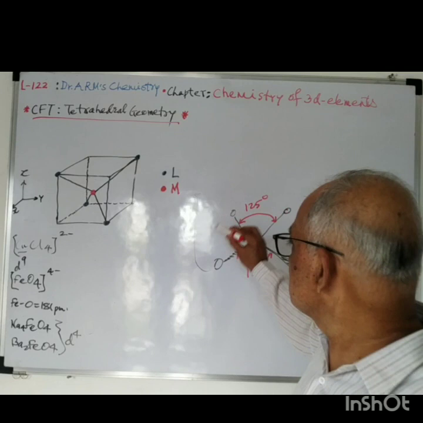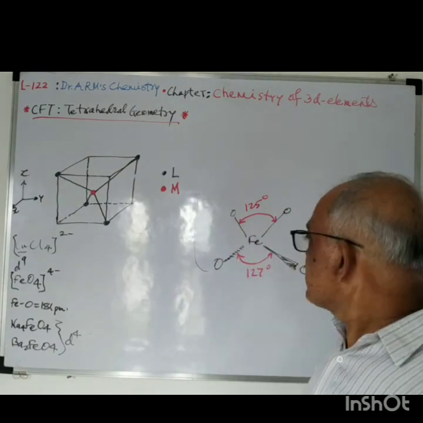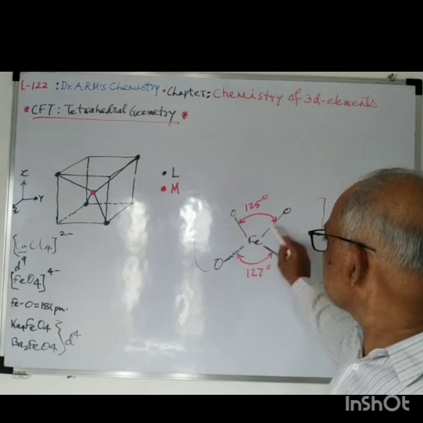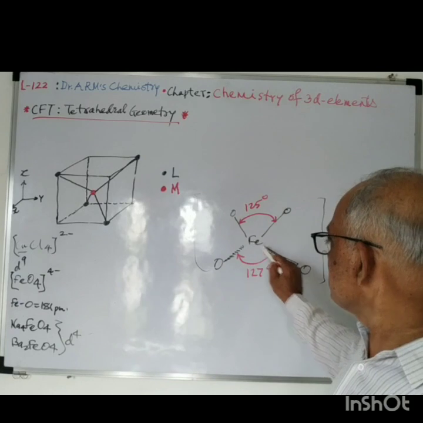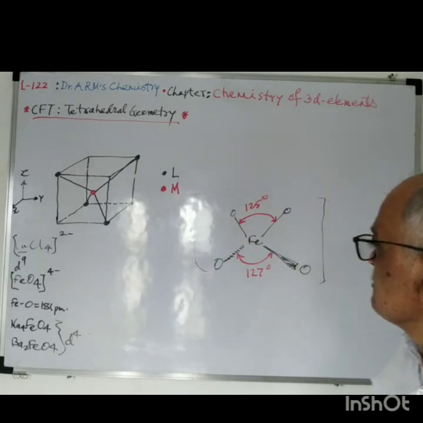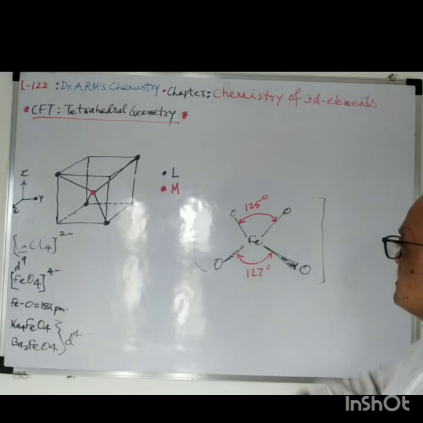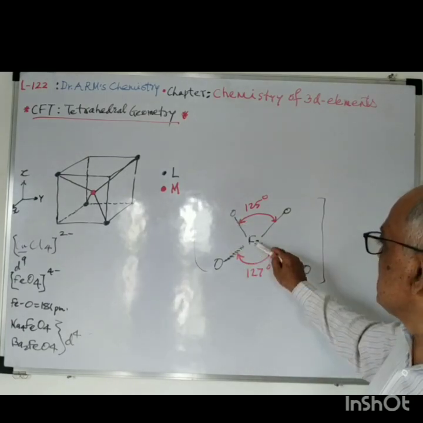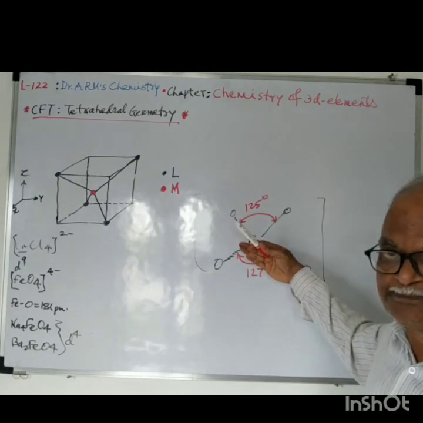So this is called distorted, meaning the bond angles are increasing. The plane of this O-Fe-O is perpendicular to the plane of this O-Fe-O, meaning there are two planes. Say this O-Fe-O is in the plane of the board.